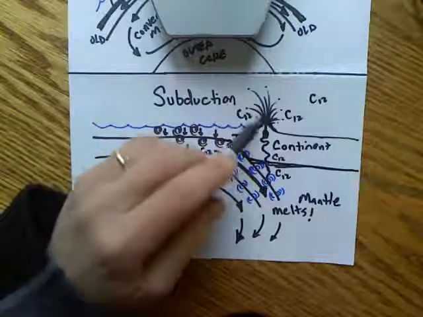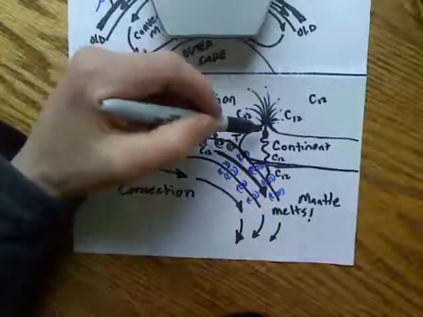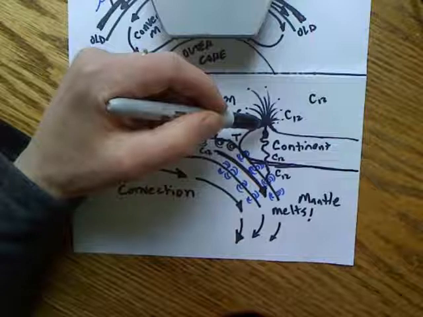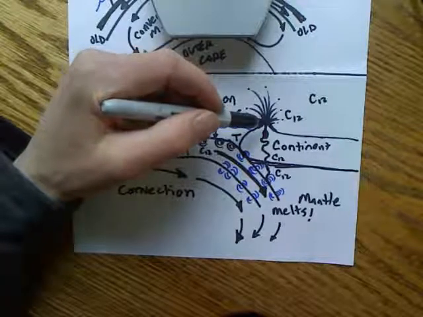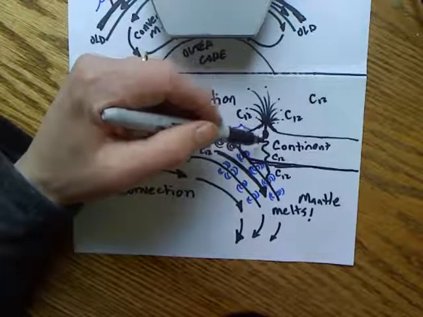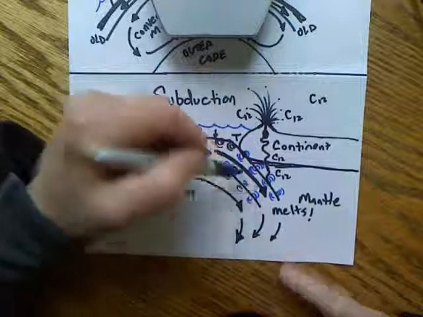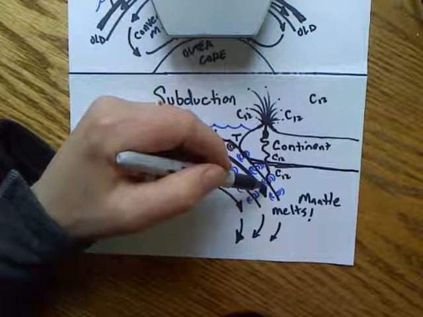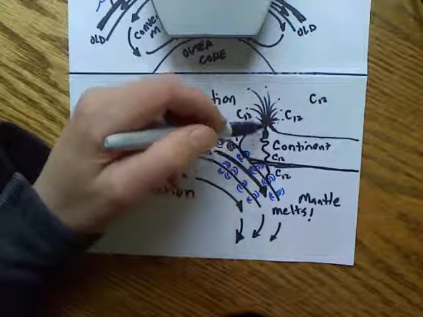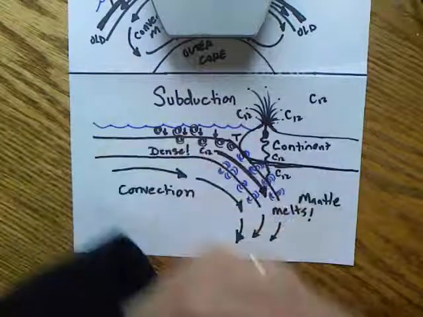Part of why they're explosive is, number one, they have very thick lava, which is like a cork on the magma. Secondly, there are gases from the ocean getting trapped in here, and that forms steam and it explodes. So these are very explosive volcanoes.